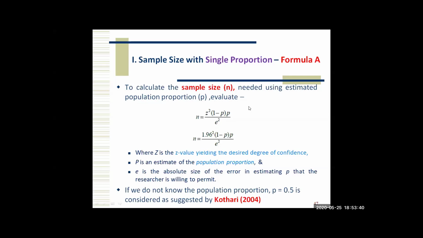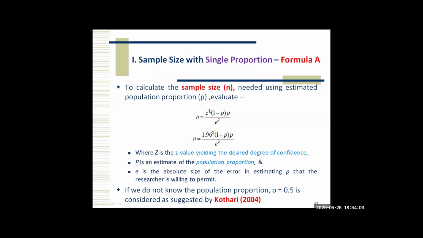For instance, the other example, in order to assess determinants of saving in Addis Ababa, and then your specific ultimate end is just to assess determinants of saving. Therefore, this kind of study might need to apply single proportions.